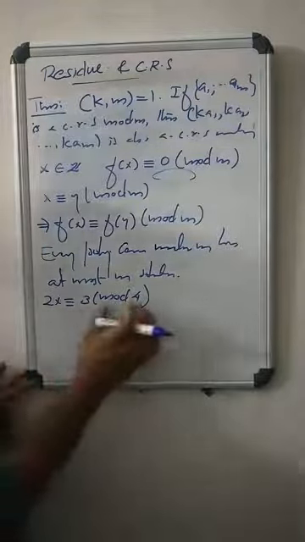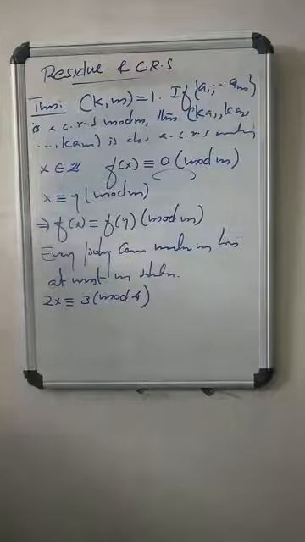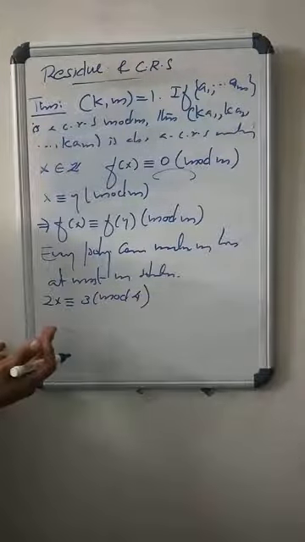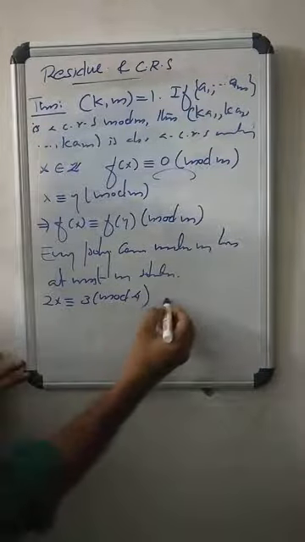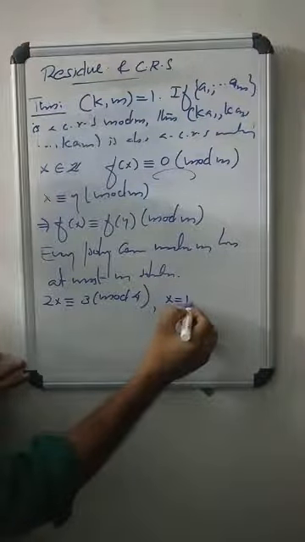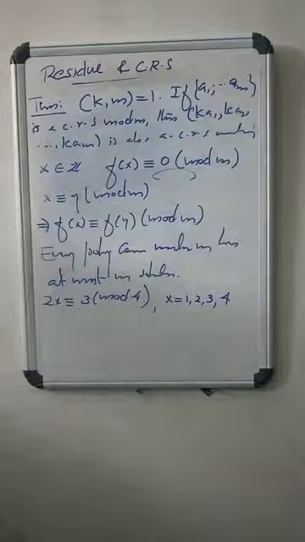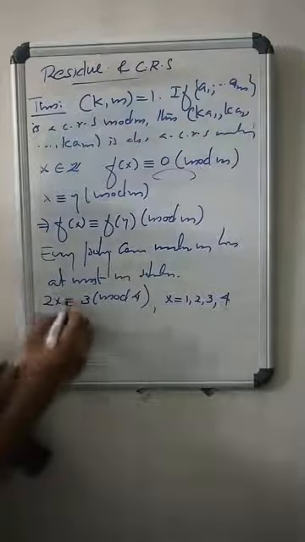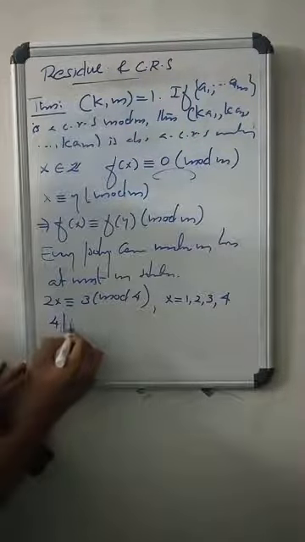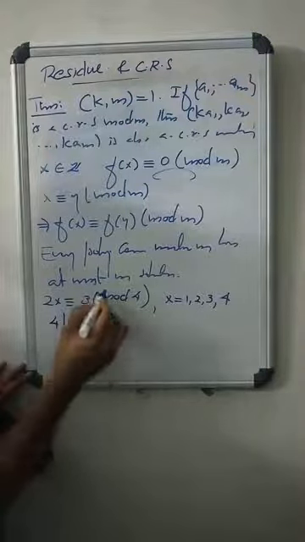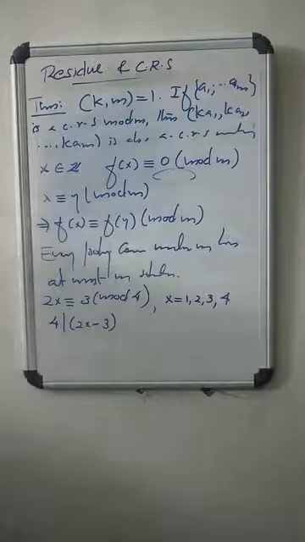So consider this polynomial congruence: 2x ≡ 3 mod 4. It has no solution. Why? Here x takes the values 1, 2, 3 and 4. Now listen. 2x ≡ 3 mod 4 means 4 divides 2x minus 3.